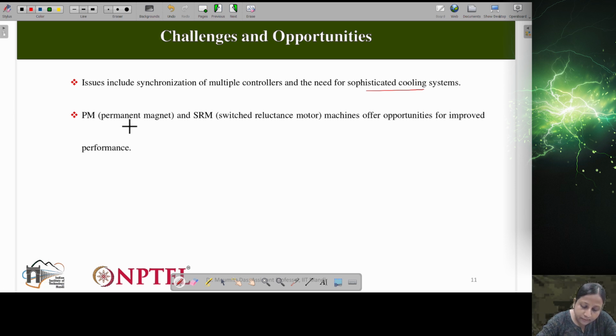Now, permanent magnet switched reluctance motor machines offer opportunities for improved performance. How integrated motor drives will apply to this kind of motor needs to be explored.